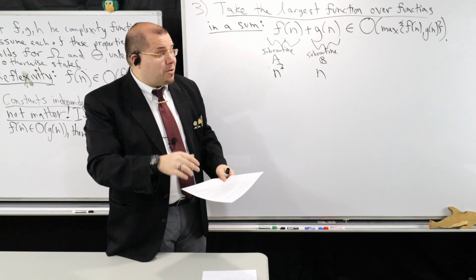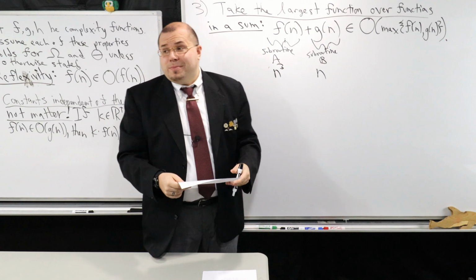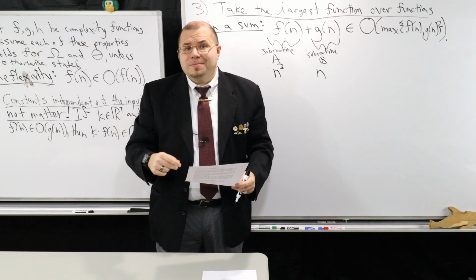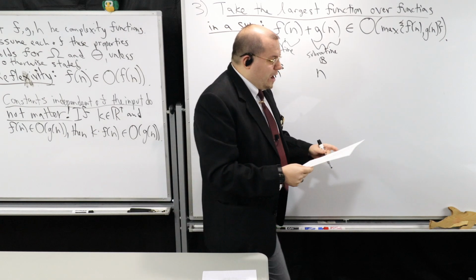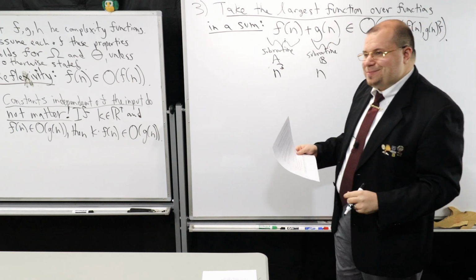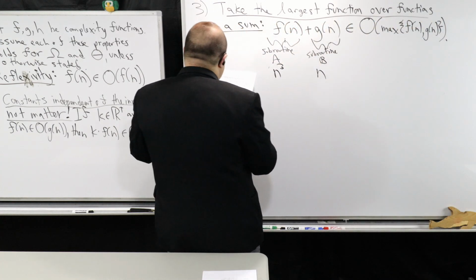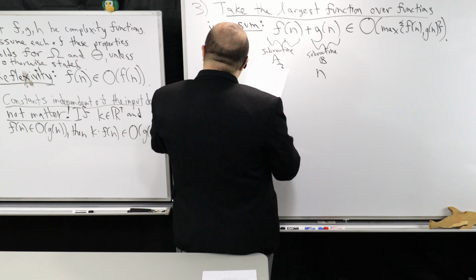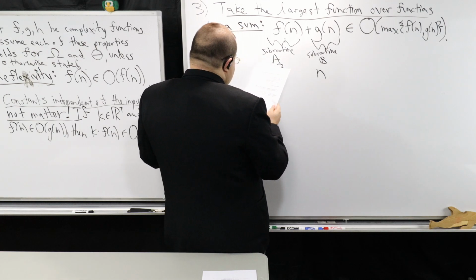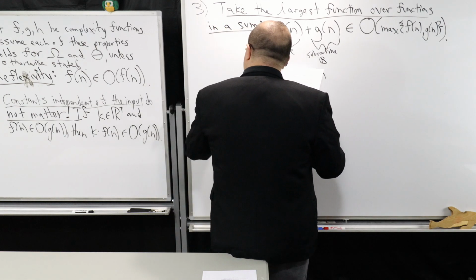But I'll let you think about what I was describing here. There's many ways you can use this rule. And I have the proof in the notes. So one that is closely related to this one is the following.